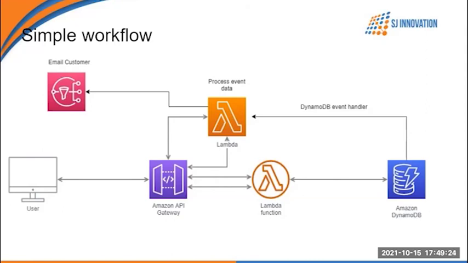The top Lambda is used to process the data being updated in DynamoDB, and then we send that information to the user using SNS or any other service like SES for emailing, sending an email to the customer saying that we have processed this information. This is just a basic idea of the workflow you can expect while working with API Gateway.